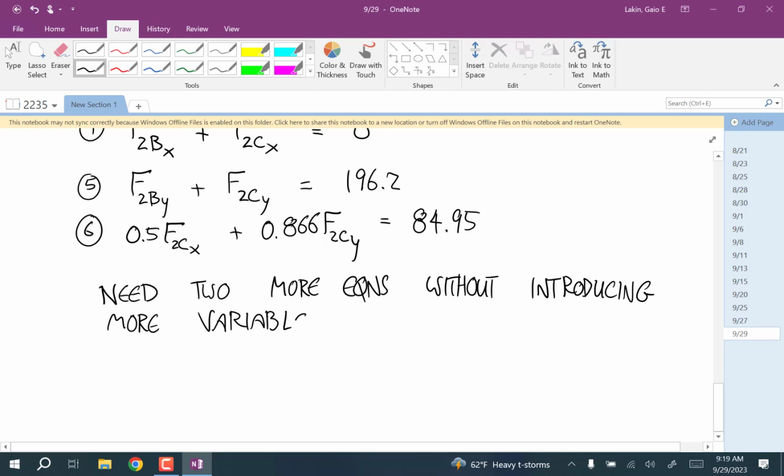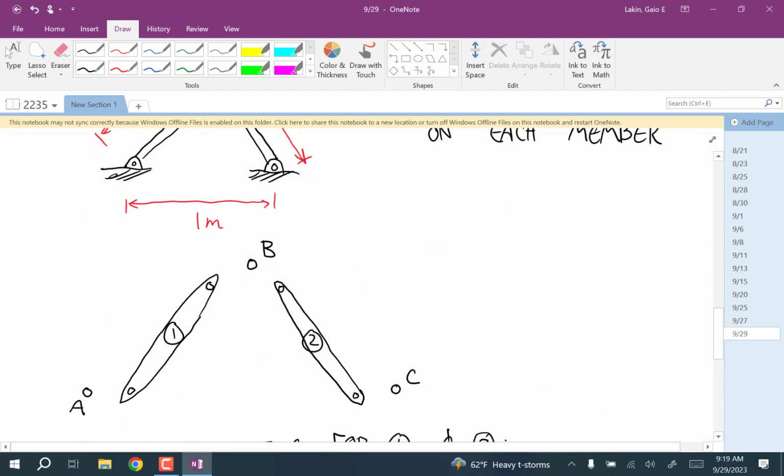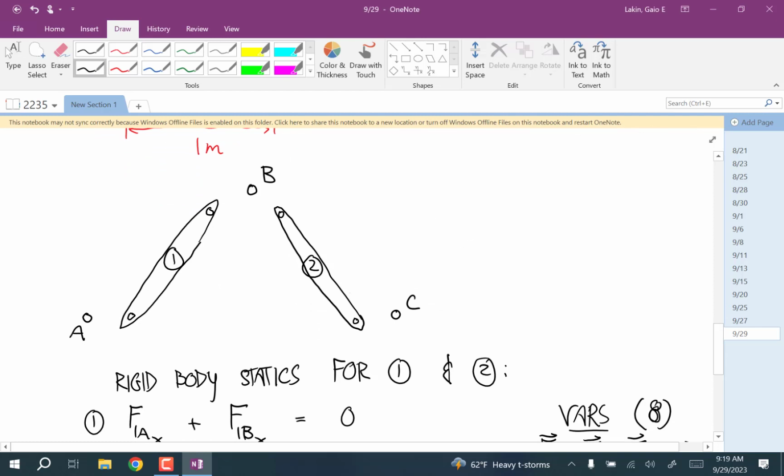Well, what's going to happen if we isolate that pin at A? What forces are going to act on that?